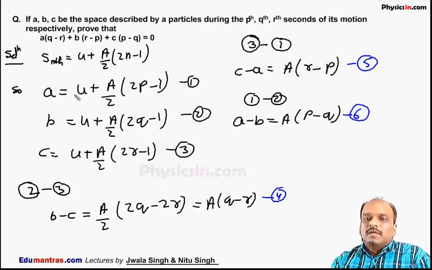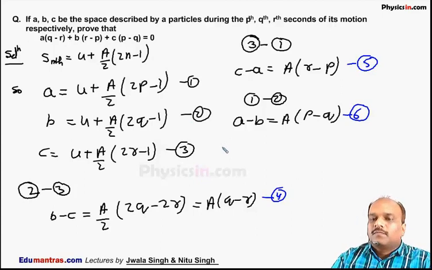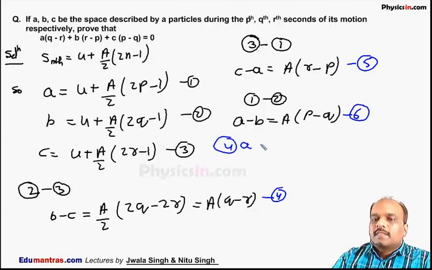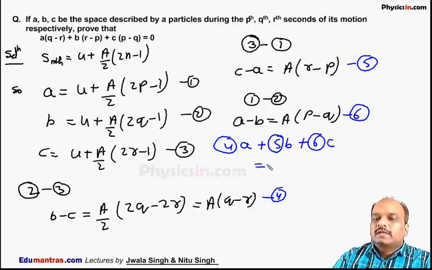Now multiply this fourth expression with A, plus fifth expression with B and sixth expression with C, then we finally get 0. This is the proof.